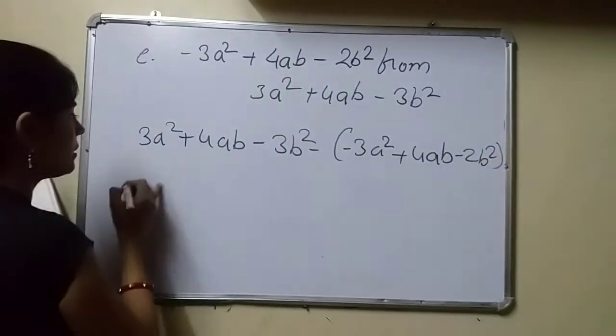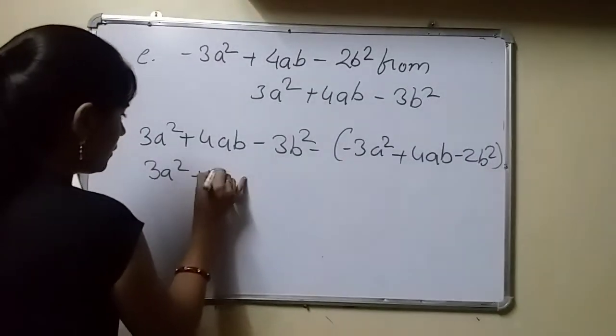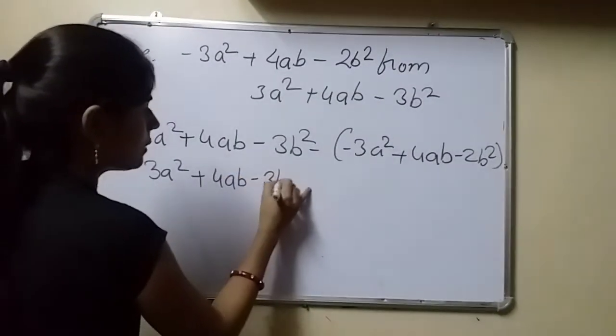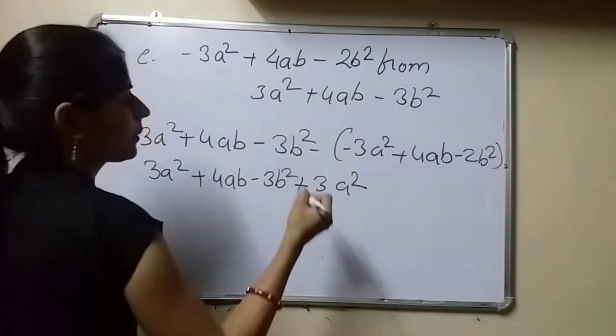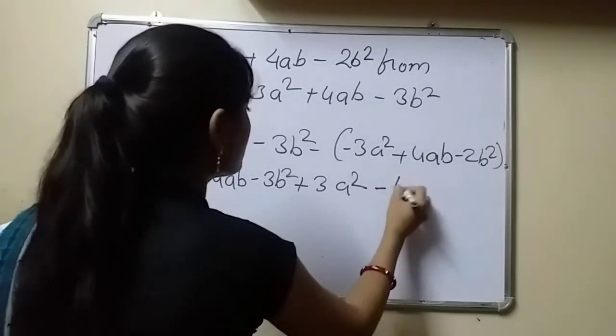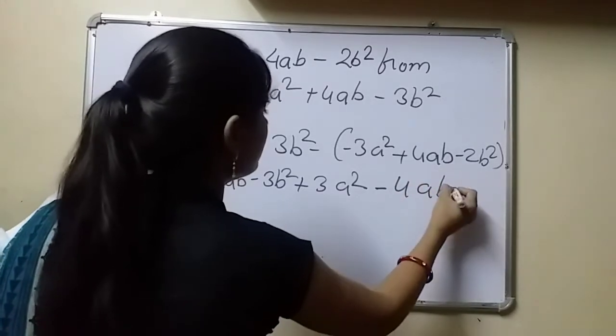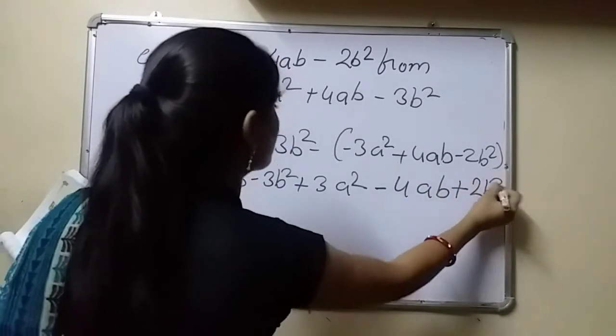So you have to change the signs. 3a square plus 4ab minus 3b square, minus will become plus 3a square, minus will become minus 4ab, and plus 2b square.